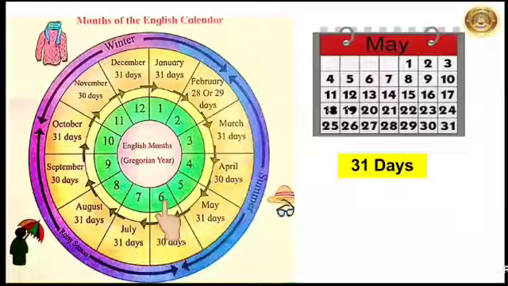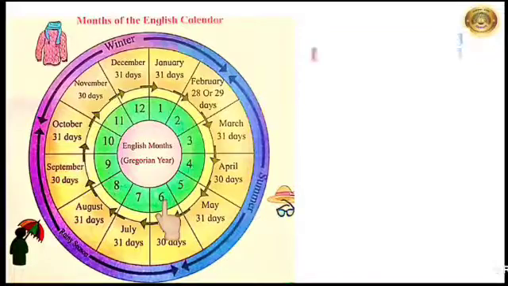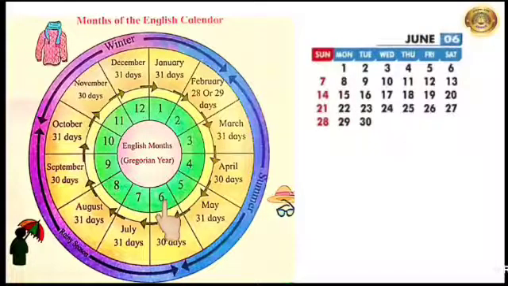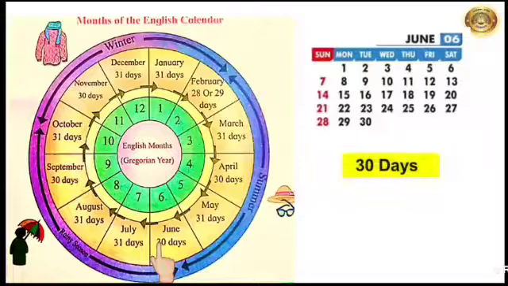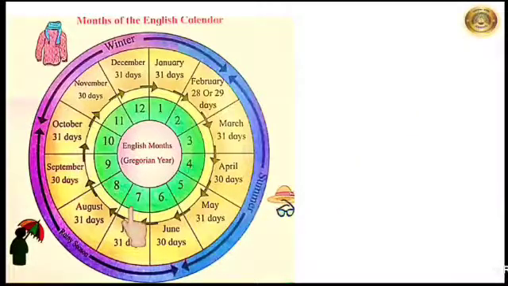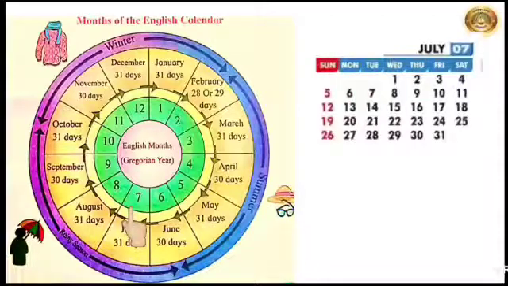Now we will take the sixth month of the year, that is June. June has 30 days. After June, we have the seventh month of the year, that is July.